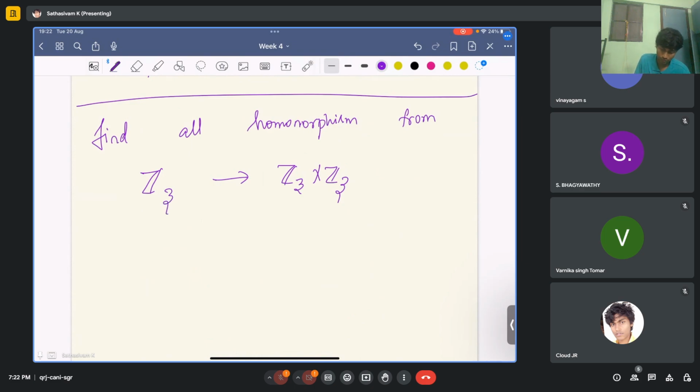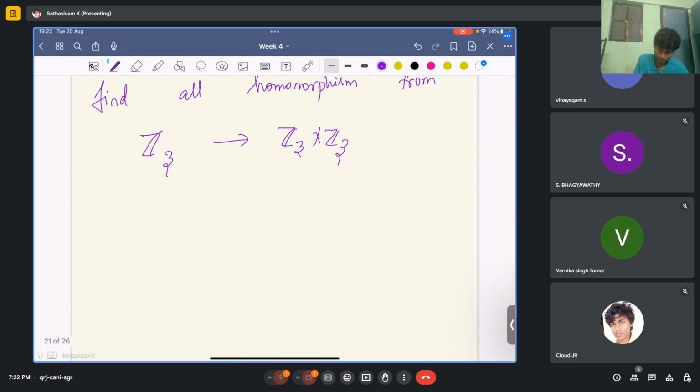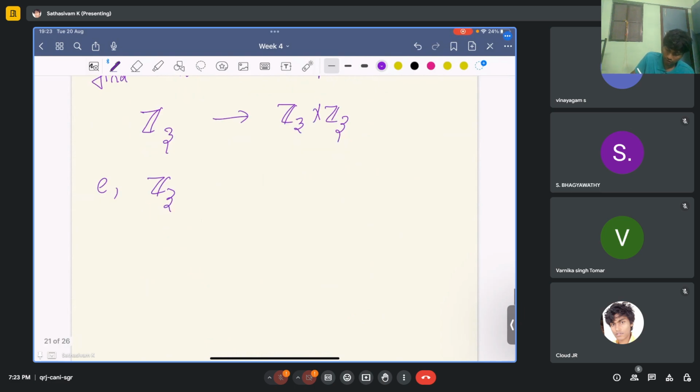Okay. So now how do you do that? This question you have to work on a little bit more. So what do you have to do? The only possible kernels are the identity and Z3, because these are the only possible subgroups.